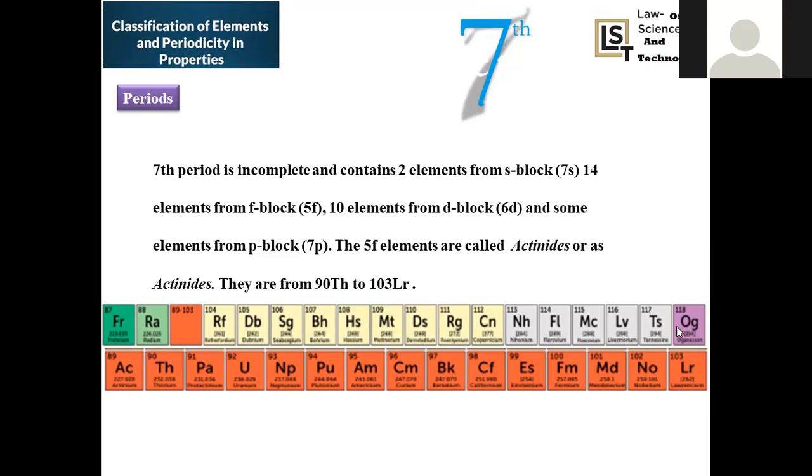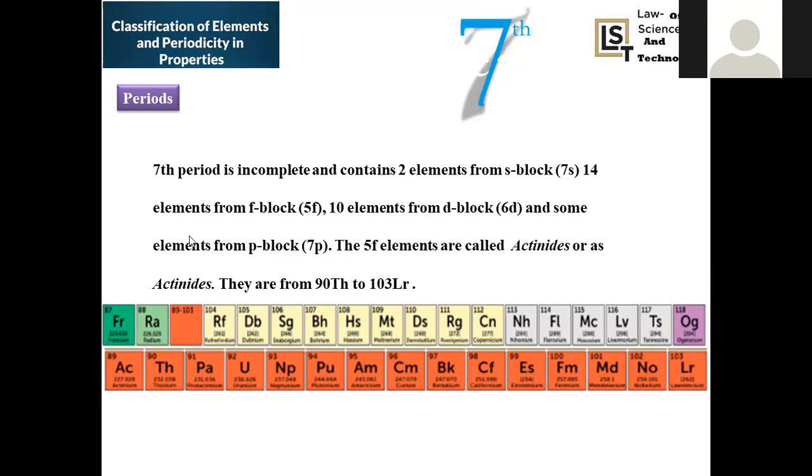These are the elements which are newly introduced. From actinium to Cn, these elements are part of the d block, and from nihonium to Og, these are the elements which are part of the 7p block elements.